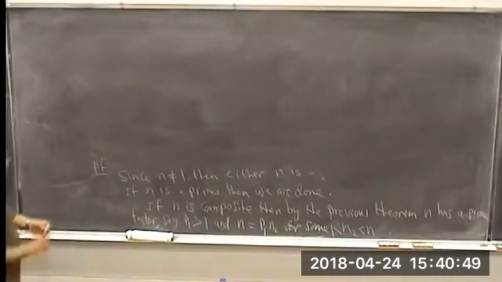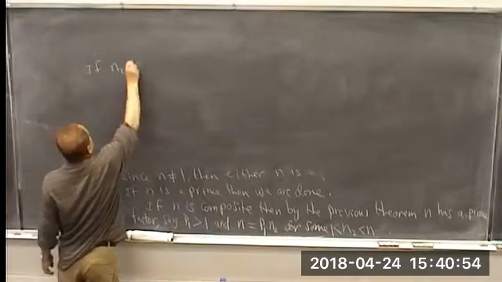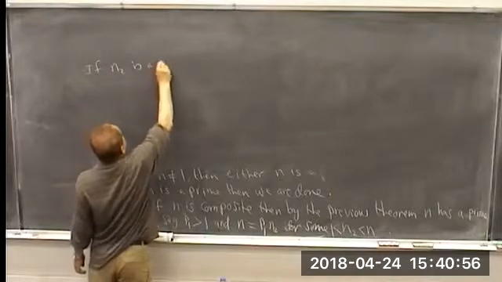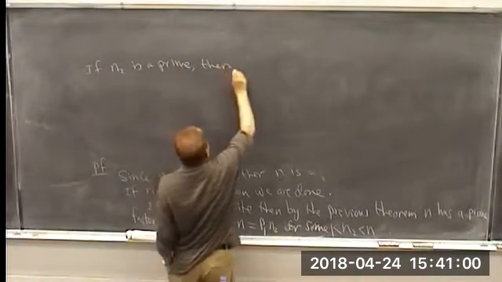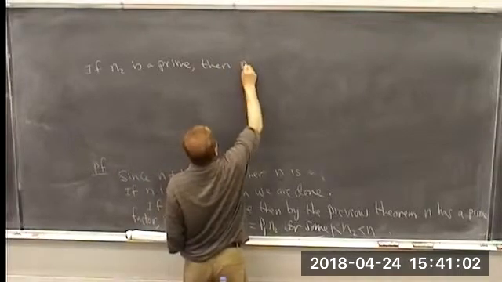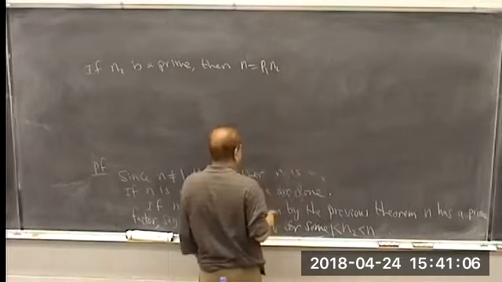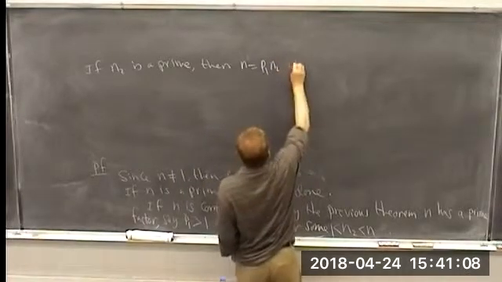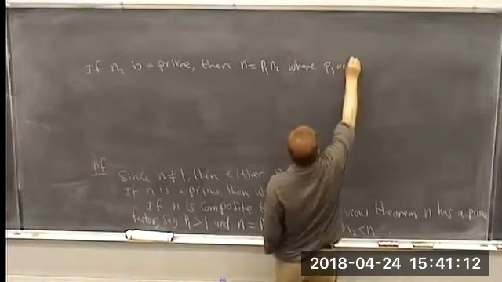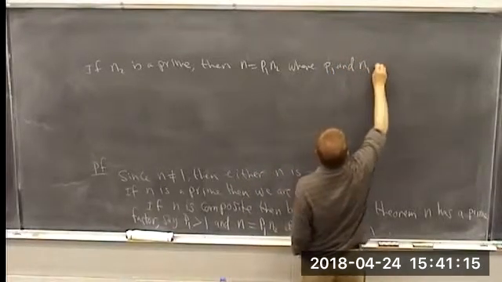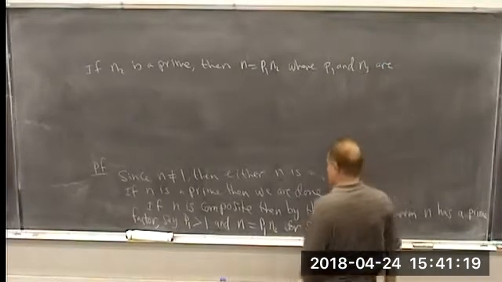All right, now, in here, if n2 is a prime, then we are done. If n is equal to p1 n1, where p1 and n1 are prime, or n2, sorry. Did I say n2?